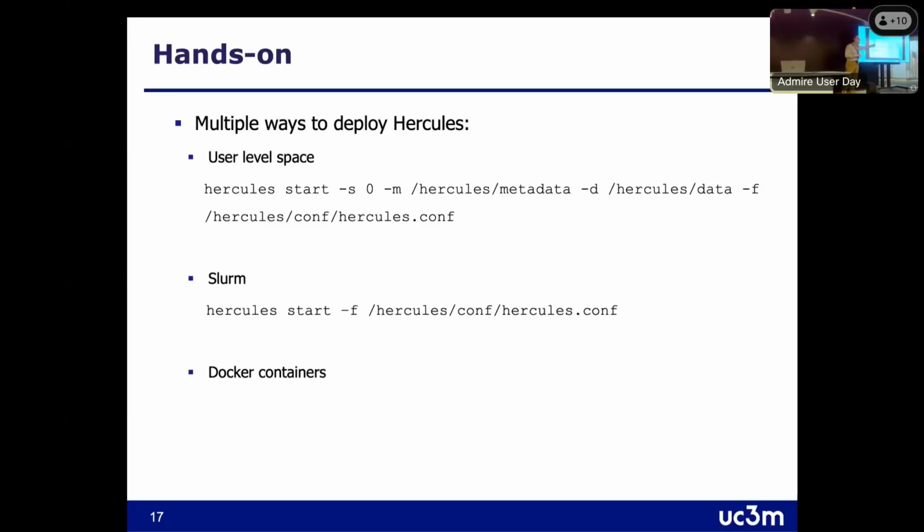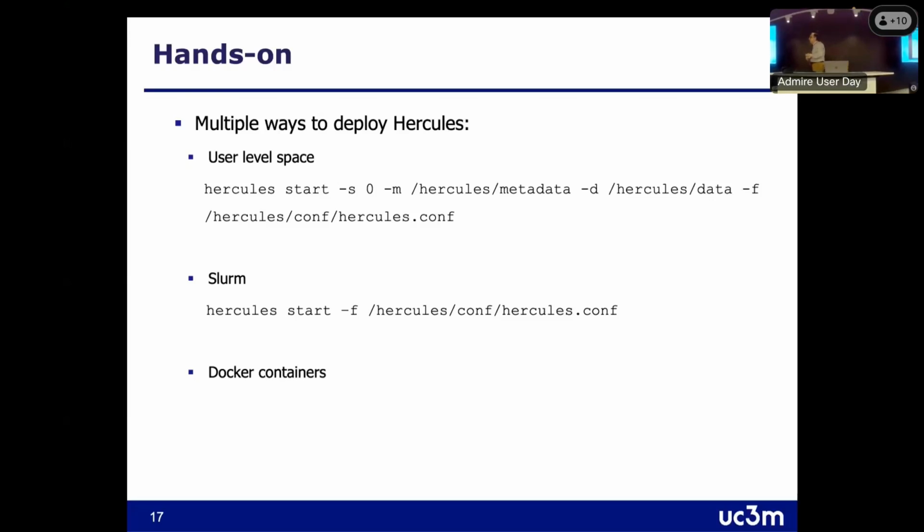Okay. So in this case, we deploy the number of metadata servers and the number of data servers, with the configuration specified here. So basically, we have the list of nodes for metadata and data, and then in the configuration, we say things like the block size, data set size, local data set size, and these kinds of things.